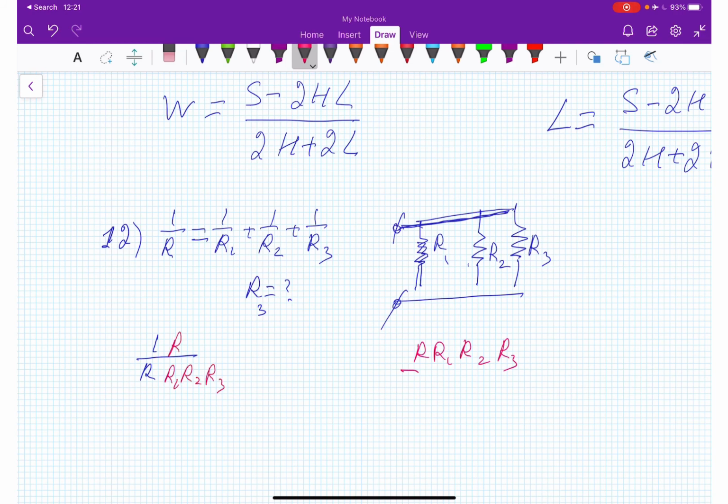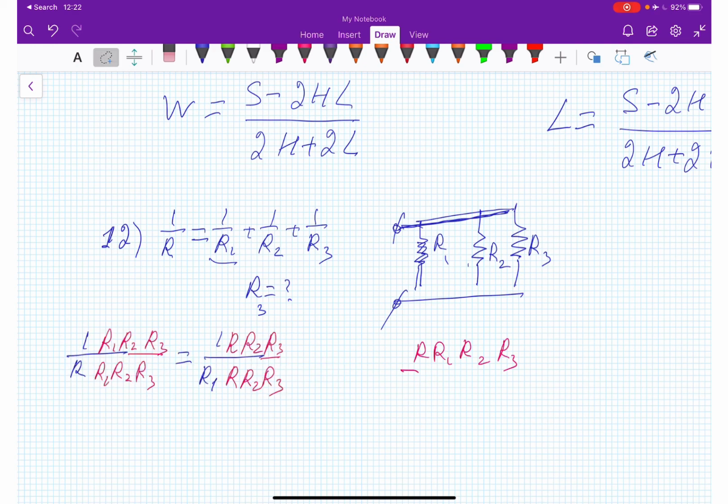Same thing here, R1, R2, R3. Next, equal. Here I have R1, so I am missing R, R2, R3. So here it's going to be 1 and then R, R2, R3. Yes? Okay.